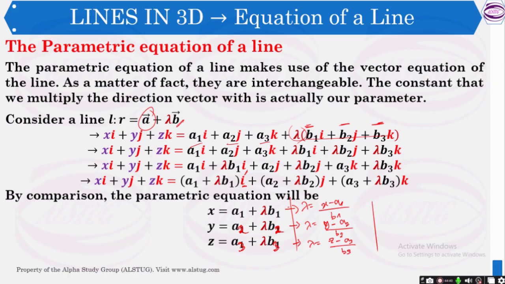Now lambda equals lambda equals lambda, so you will end up with x minus a1 on b1 equals y minus a2 on b2 equals z minus a3 on b3. This is another way of writing the parametric equation of a line. So there are two methods. You have this and you have this.